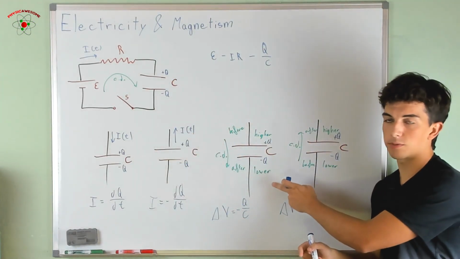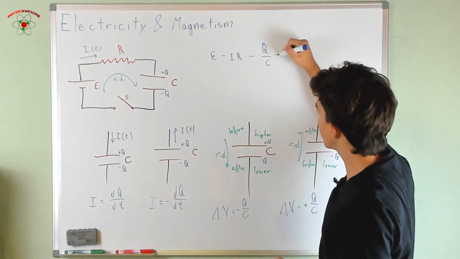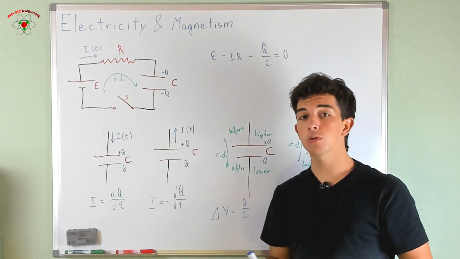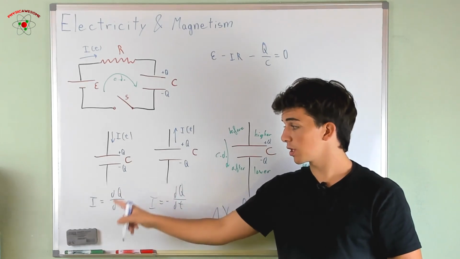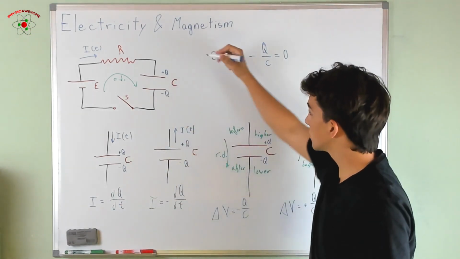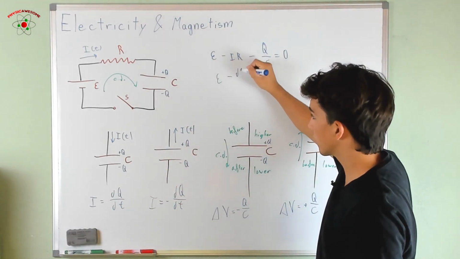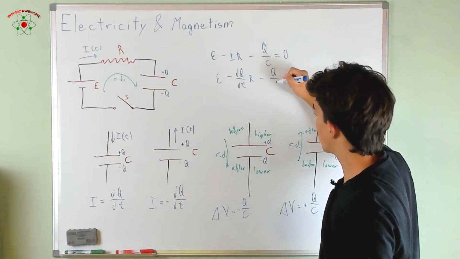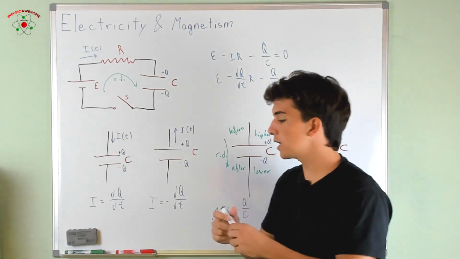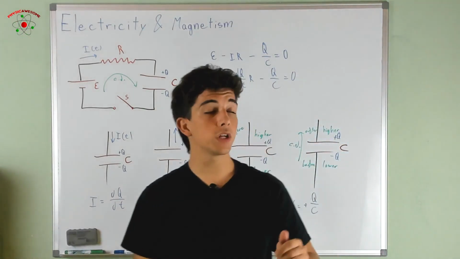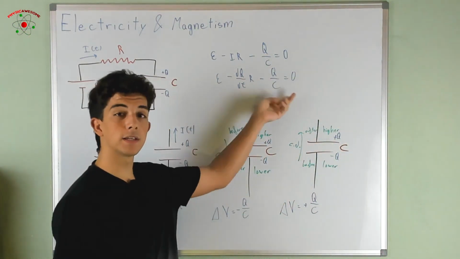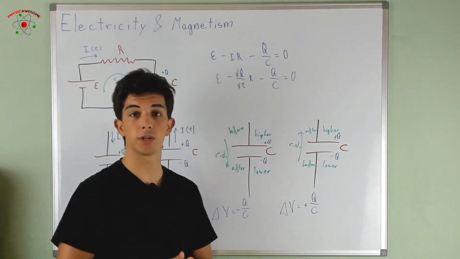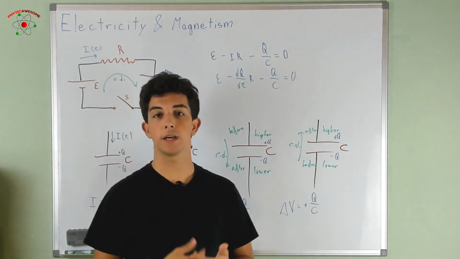It's this case over here, equals to 0. And then we note that I, as we saw in here, is going to be dQ/dt. Therefore, this is no other thing than epsilon minus dQ/dt R minus Q over C equals 0. And we see that to solve this system, we need to solve this first order differential equation. However, we'll do that in the following video.